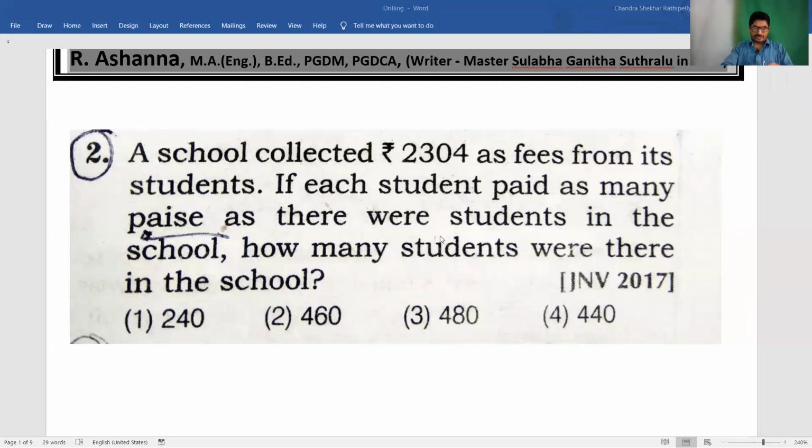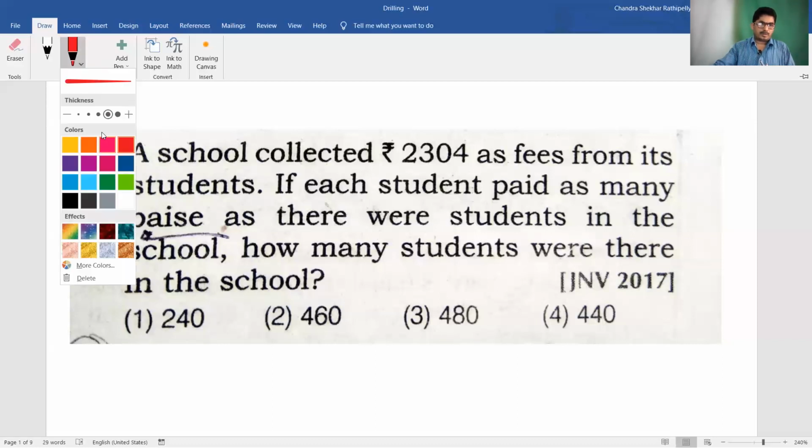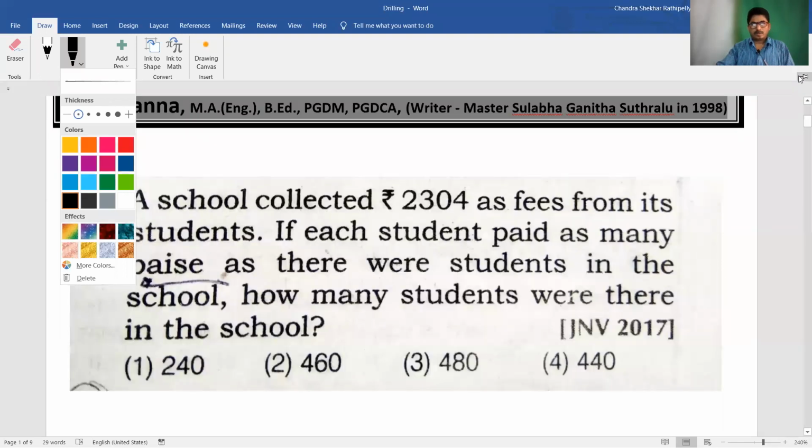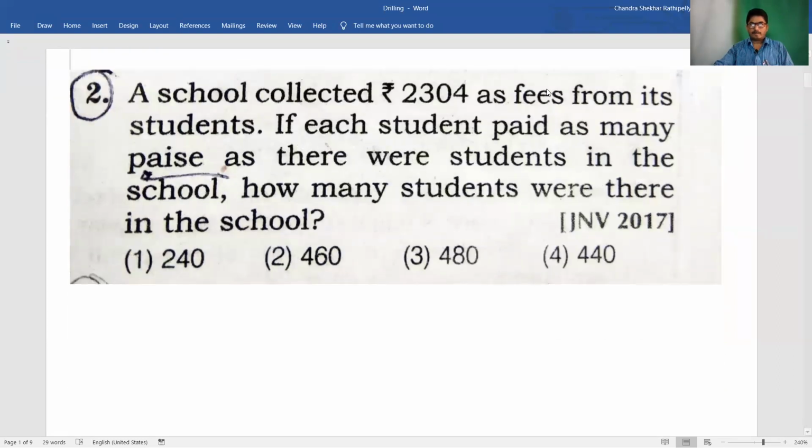Second question, this is entrance corner. A school collected 2,304 rupees as fees from its students.